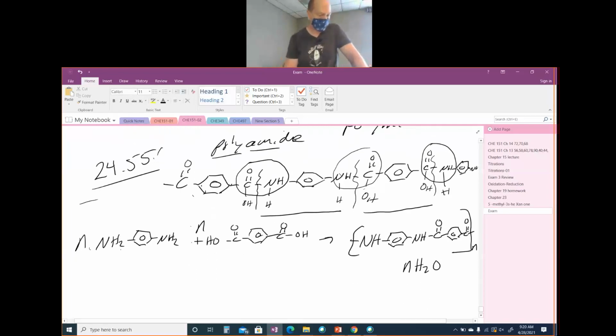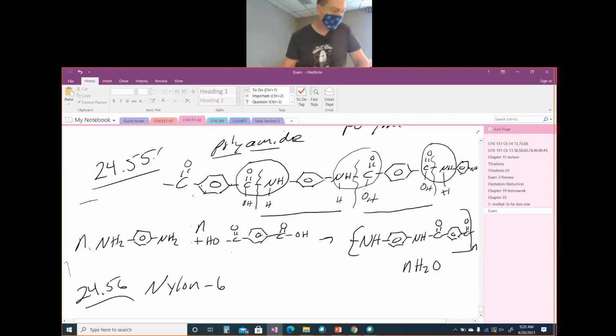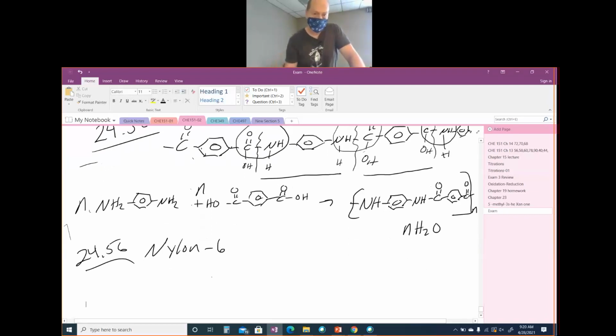56 is nylon 6. So 24.56, this one is nylon 6, all right, and it has the following structure. So nylon is a polyamide, all right. In this case, they give us NH. So we're going to lasso an H off of that, and that's why it has a bond there.